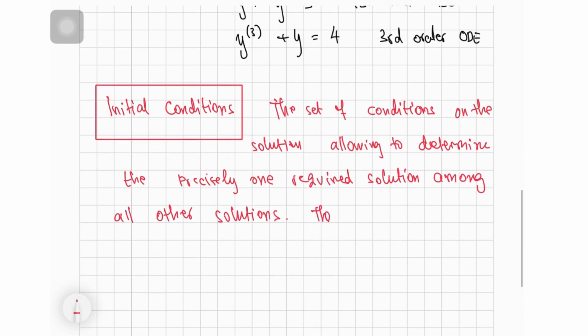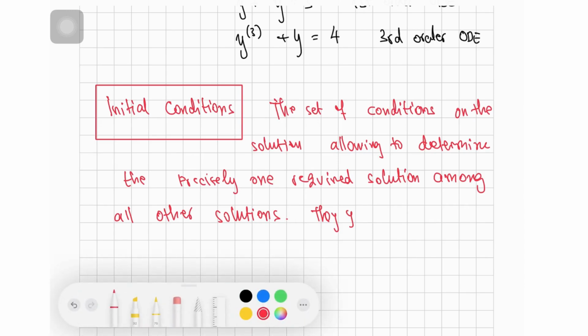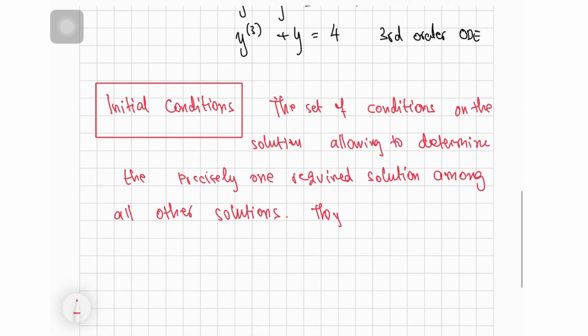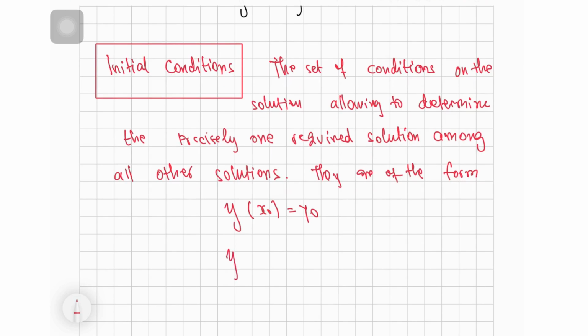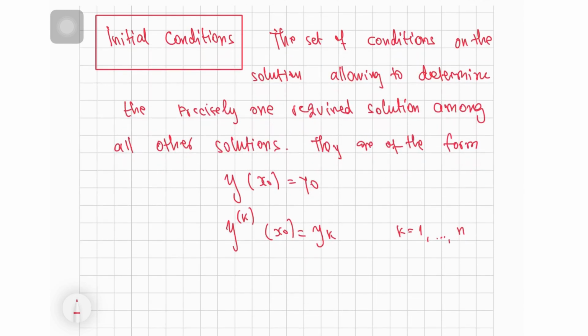They are of the form y of x0 equals y0 and, or y to the power k of x0 equals yk, for k going from 1 to n for an nth order ODE.